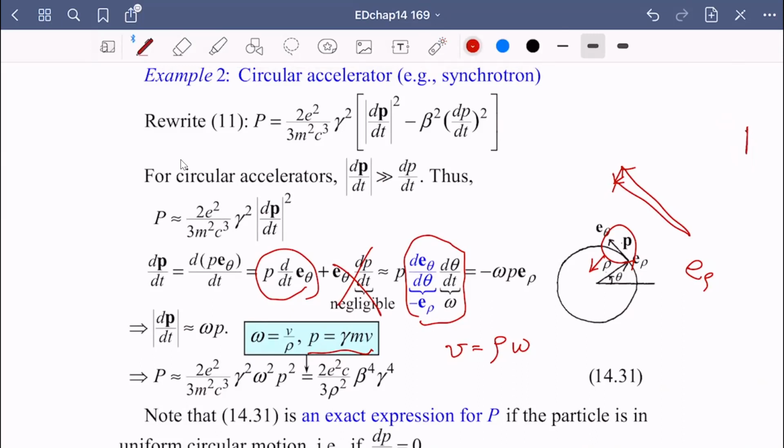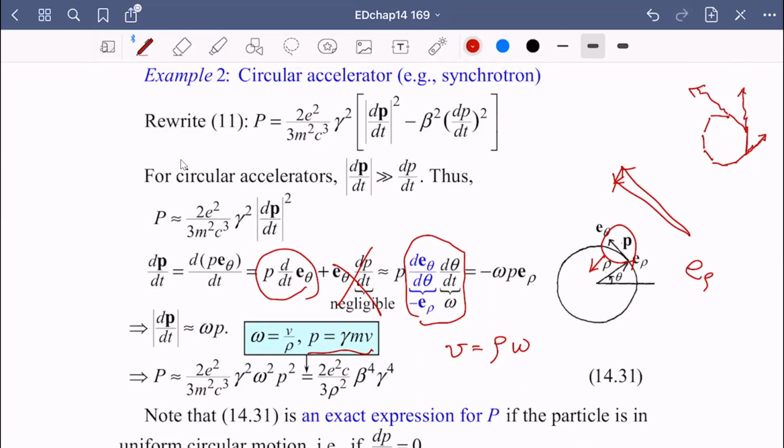It's something like constant motion, then change direction, change direction, change direction. When they change the direction, they use a magnet to bend, and then it will generate radiation here. Change the direction, radiation.